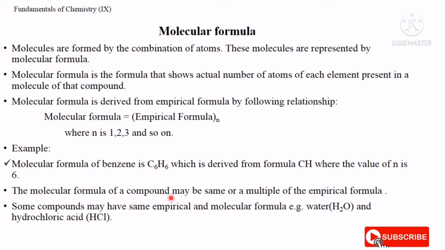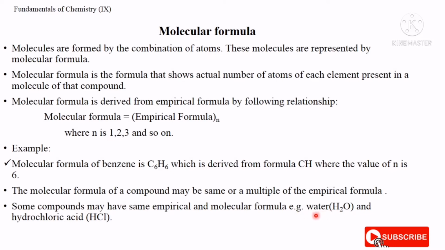The molecular formula of a compound may be the same as or a multiple of the empirical formula. Some compounds may have the same empirical and molecular formula, in case the molecular formula is already showing the simplest whole number ratio.